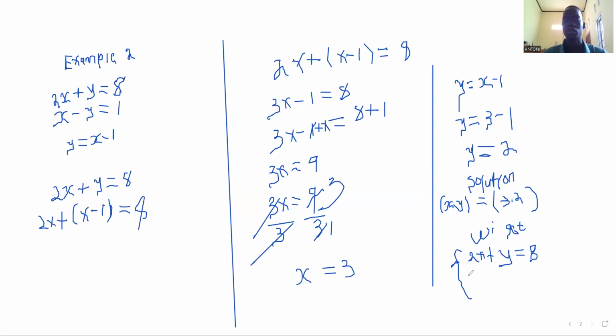So the second, x minus y is equal to 1. This is x minus y, which was equal to 1.